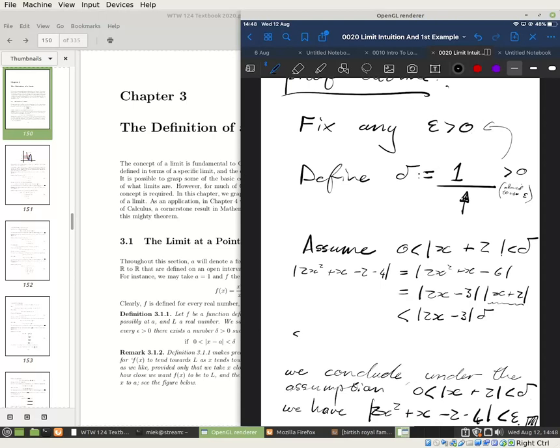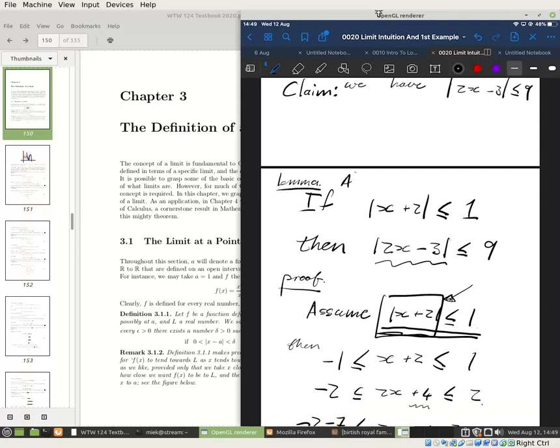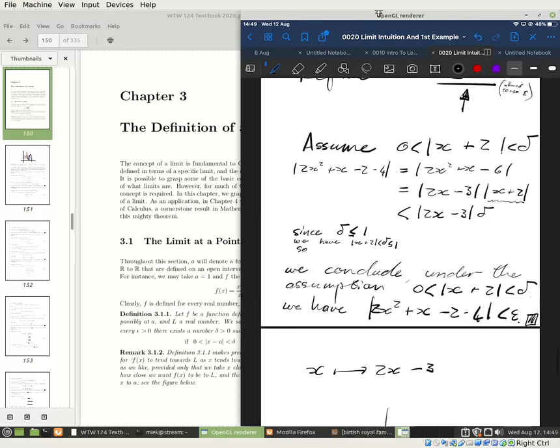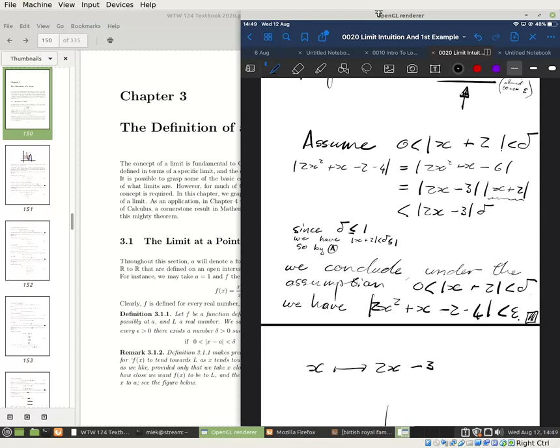So since delta is, and I'm going to write here, less than or equal to 1, we have that the absolute value of x plus 2 less than delta is less than or equal to 1. So let's give this lemma a name. Let's call it A. So by A, we've got the absolute value of 2x minus 3 is less than or equal to 9.